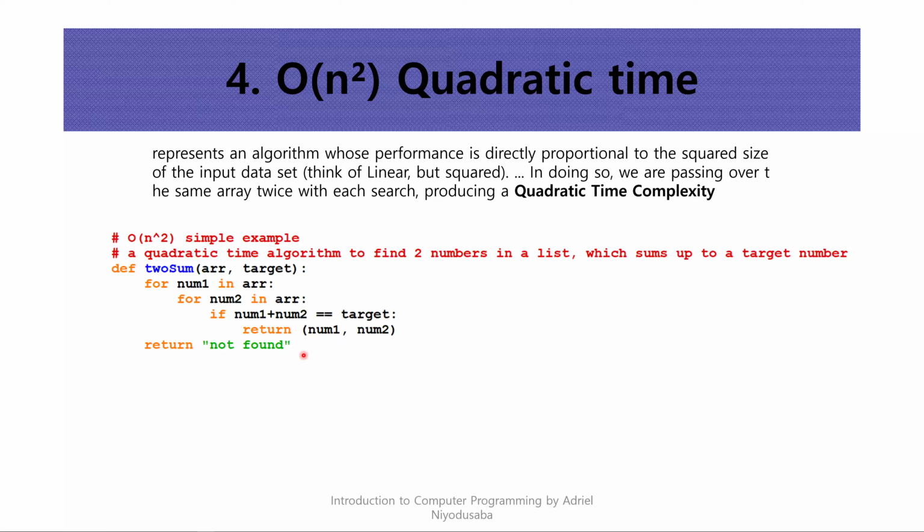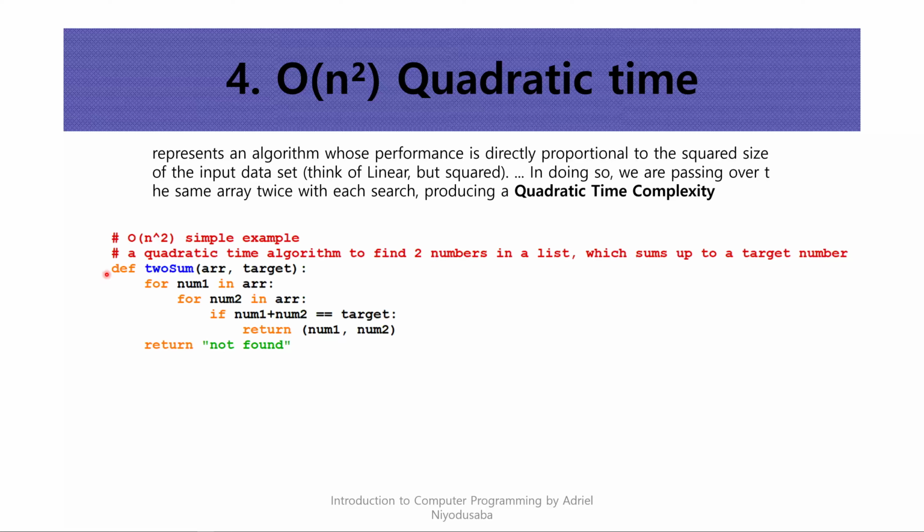So I grab a num1, and for that num1 I will look at every num2 in the array, and if num1 plus num2 gives me the target, I will return them, otherwise I return not found. The reason why this becomes n squared is we are doing n operations n times. For every number in the array, we are again comparing it with every other number in the array. So if we had 3 elements in the array, we will do 9 comparisons. That's why it's n squared.